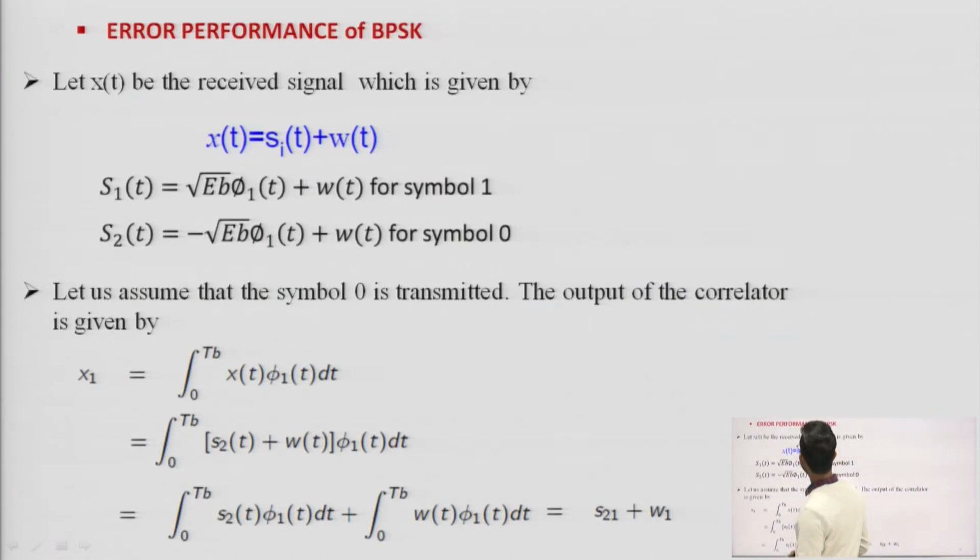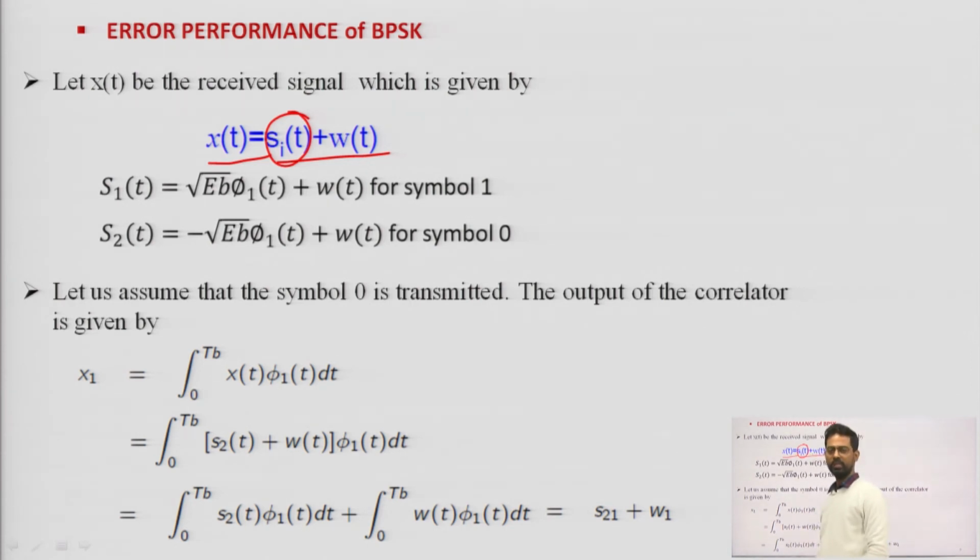Similarly, we can calculate the error performance of the BPSK signal, likewise BASK and BFSK. Here also we can see how to analyze the error performance of the BPSK signal. Let x(t) be the received signal, which is given by x(t) equal to si(t) plus w(t). I know that si(t) is s1(t) and s2(t).